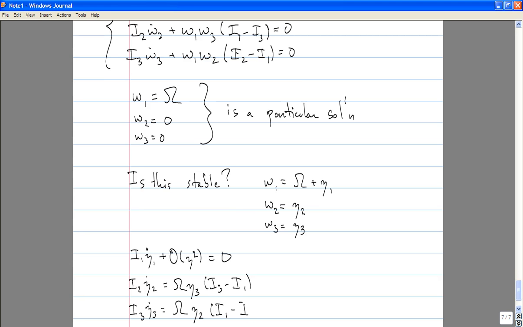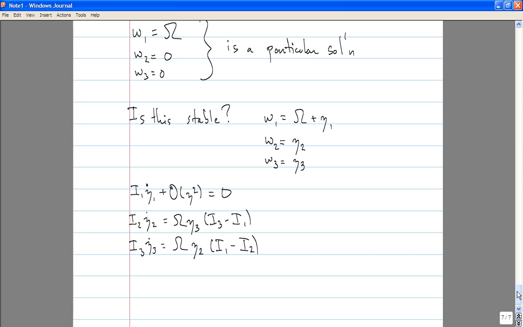So that first equation is easy enough. It just says that eta 1 is a constant. And now we can look at those second two equations. Those, we now are experts at solving that sort of equation. Eta 2 dot is a constant times eta 3. Eta 3 dot is a constant times eta 2. So if we take the derivative of this second equation and plug in that third equation, we will get the equation of motion of a harmonic oscillator.